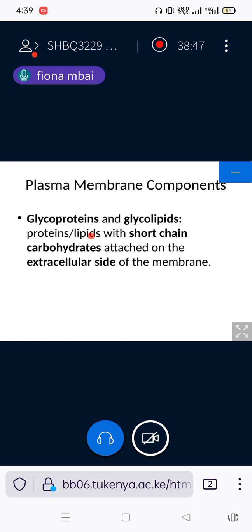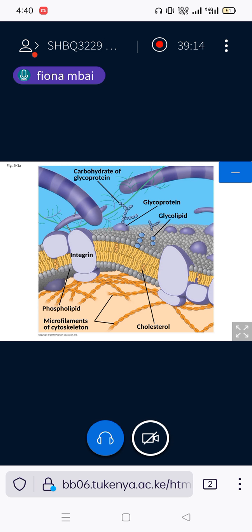These proteins and lipids have short chain carbohydrates attached on the extracellular side of the membrane. Note the short, they're not really long carbohydrates. So you will not likely find glycoproteins having the carbohydrate on the intracellular side. It will more likely be on the extracellular face of that integral membrane protein.